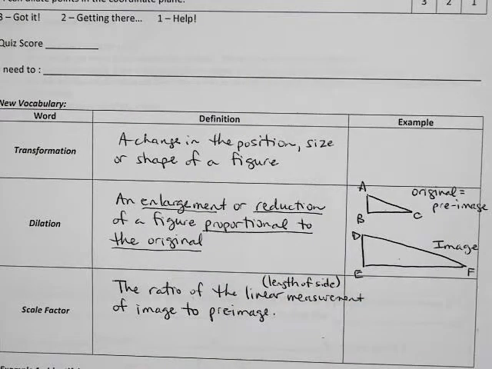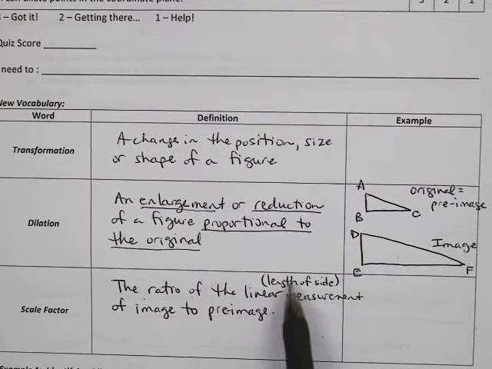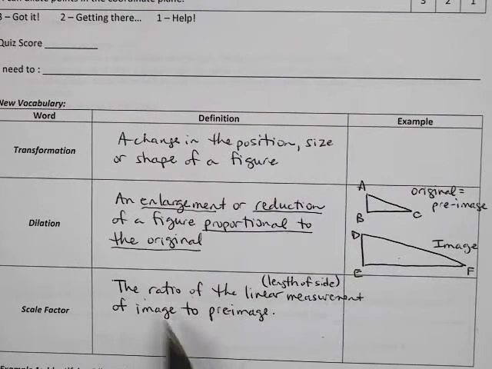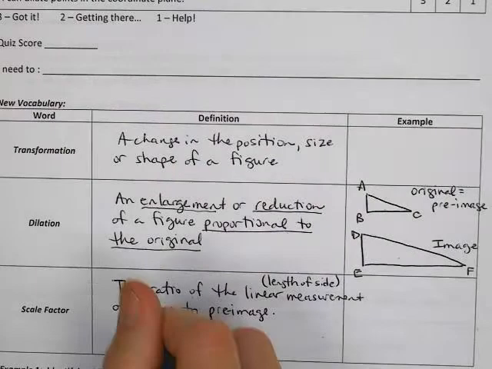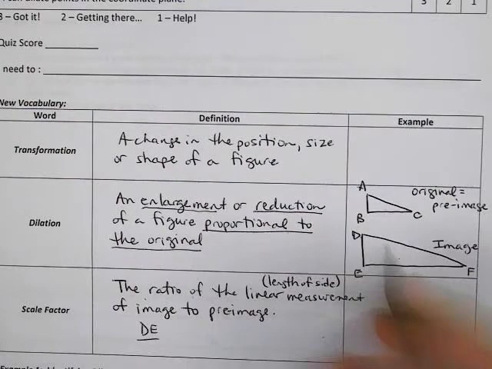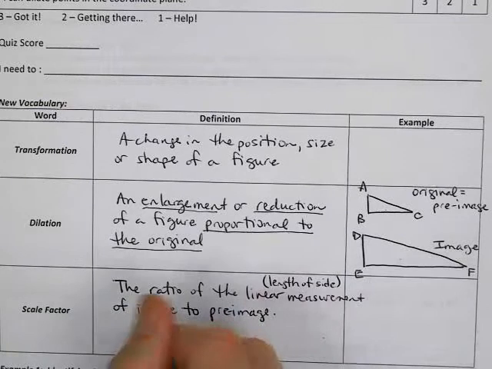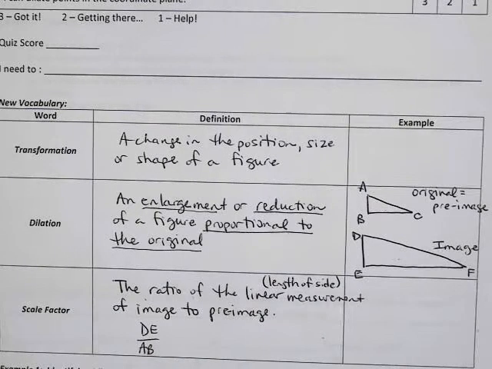Okay, so a scale factor is the ratio of a linear measurement, meaning like a side, of the image to the pre-image. So for example, in this case, I could pick side DE. That corresponds to AB.